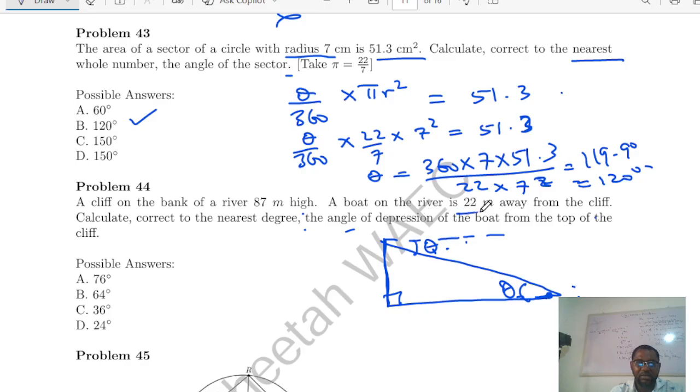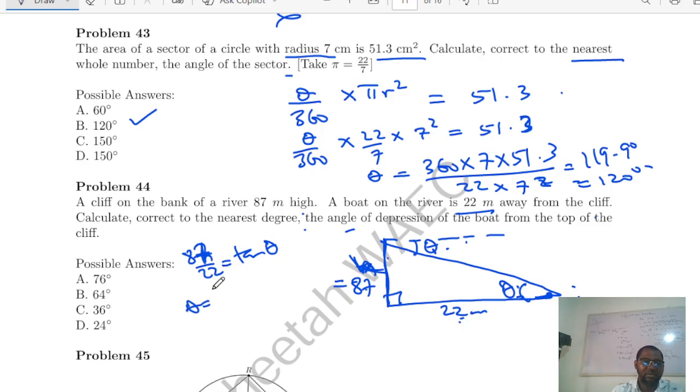So the boat is 22 meters away from it, and we're looking for the height of the cliff. Let me use h. So this is h. H is opposite, 22 is adjacent, because this is a right angle triangle. So h over 22 is equal to tan theta. The height already is 87, so 87 over 22 is tan theta, because opposite over adjacent is tan.